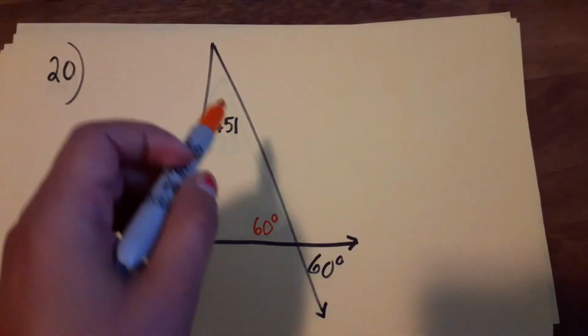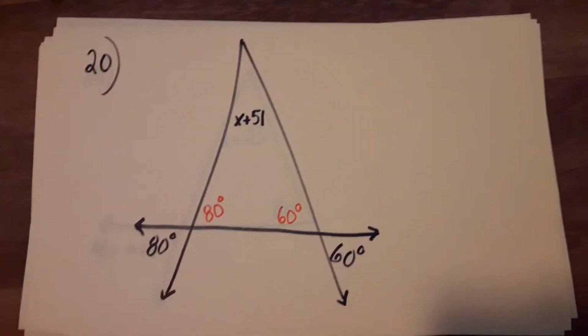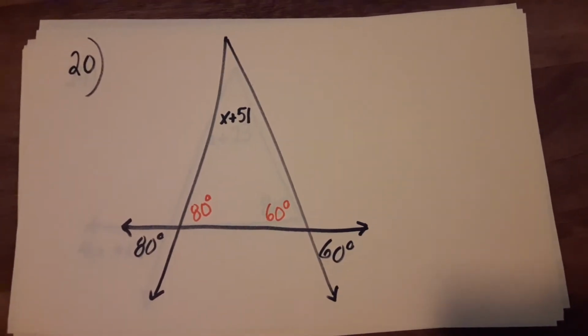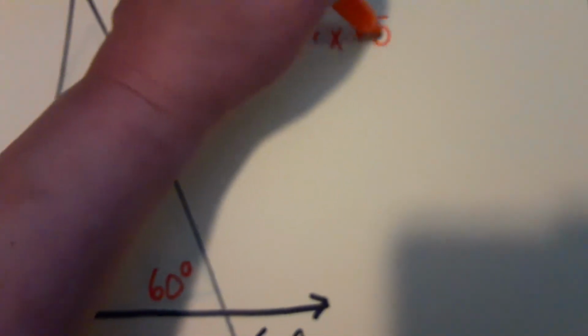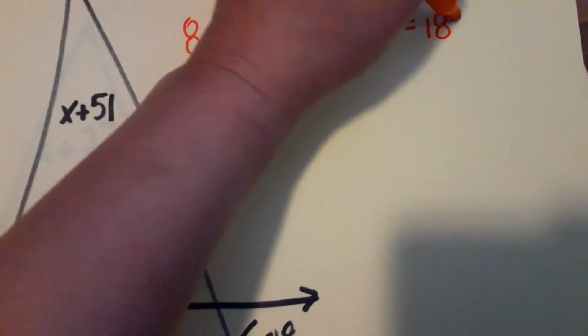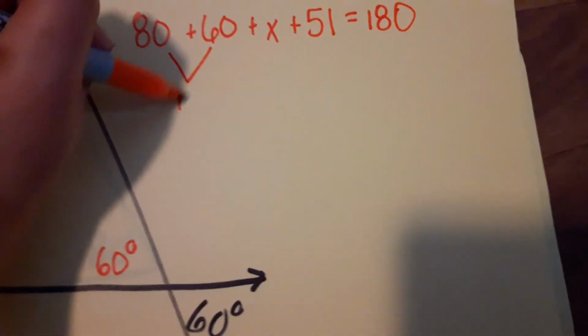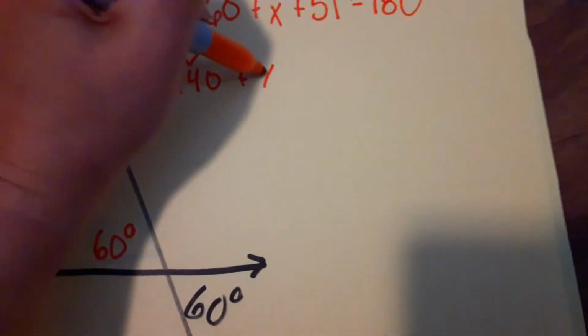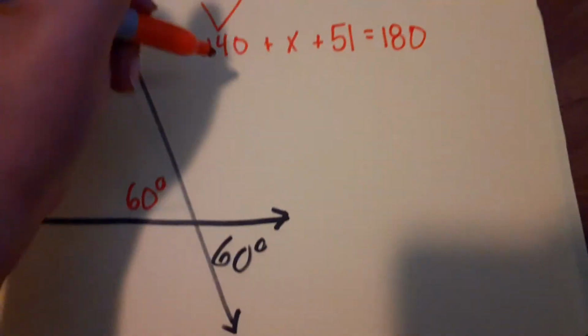You have values for all three interior angles. Go ahead and write them down as a sum and set them equal to 180. So I got 80 plus 60 plus x plus 51 equals 180. 80 plus 60 is 140 plus x. All right, next, combine these like terms.